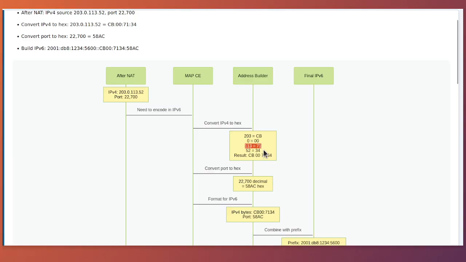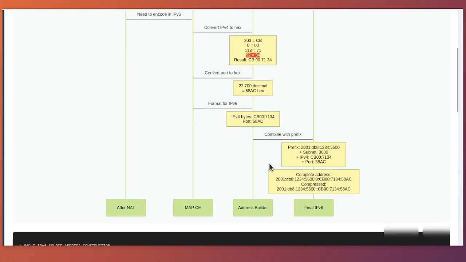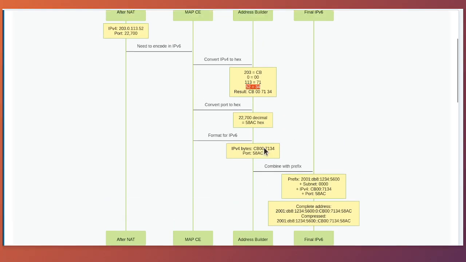The third octet is 113 in decimal. 113 divided by 16 is 7 with remainder 1. So 113 is 71 in hex. The fourth octet is 52 in decimal. 52 divided by 16 is 3 with remainder 4, so 52 is 34 in hex.